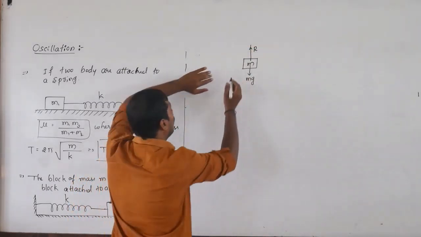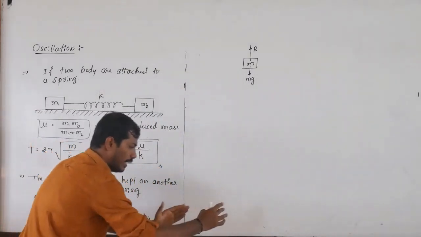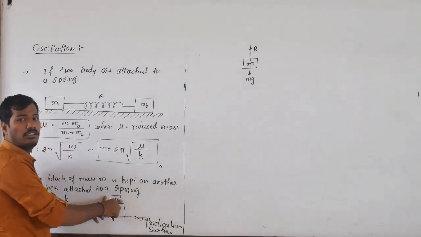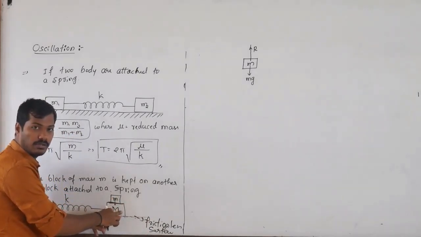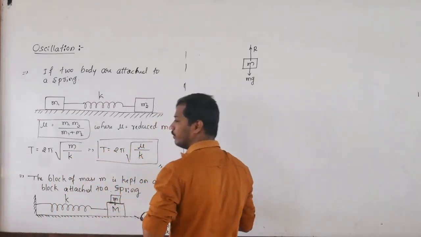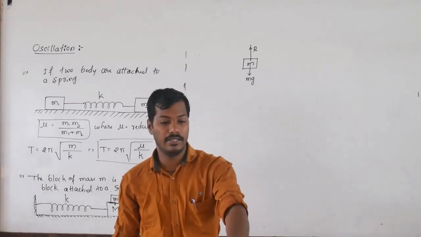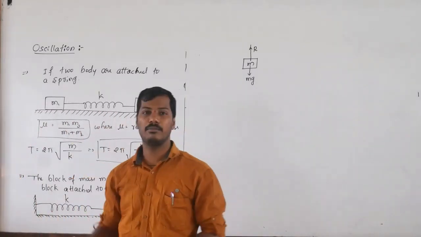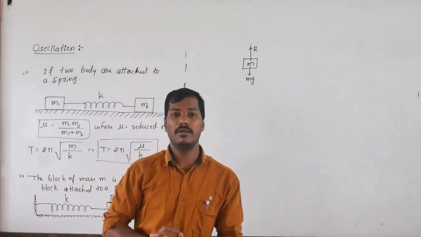When it is continuously elongated and compressed like this, that body cannot drop from this other block. It means there is a friction between those two. If I am standing on a table, there is a friction between me and that table.